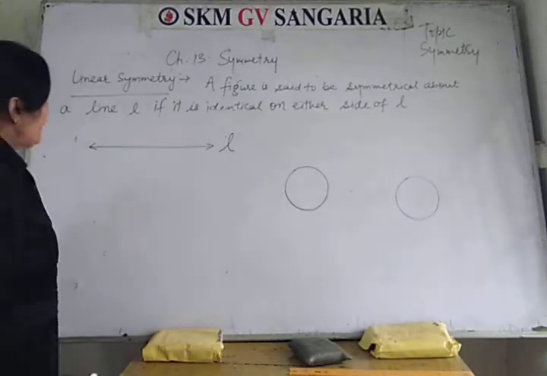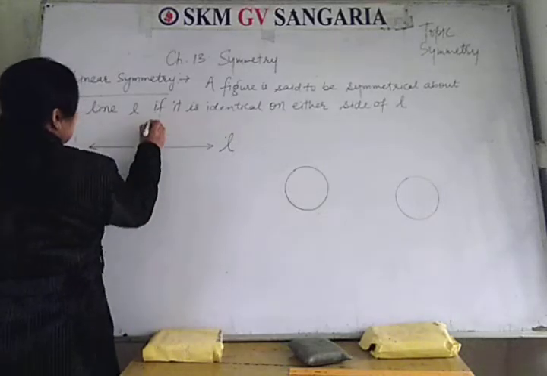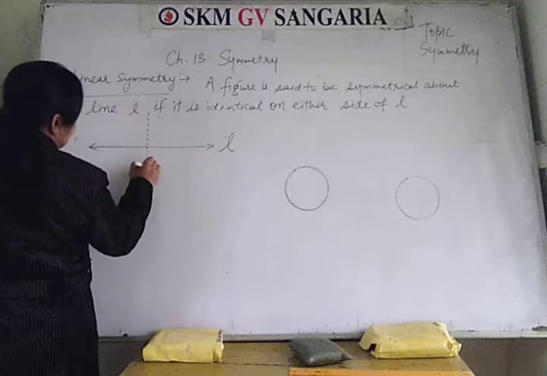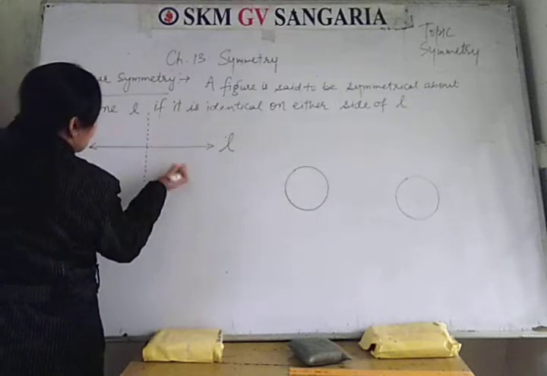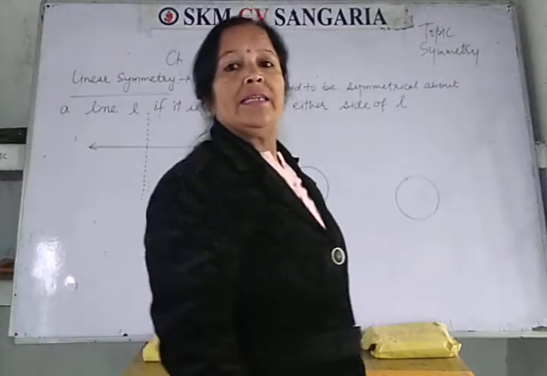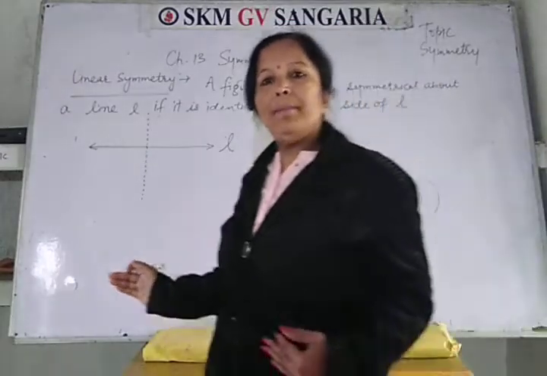Okay? And if I draw a line here, this dotted line, which will divide this into two identical parts, two same parts.